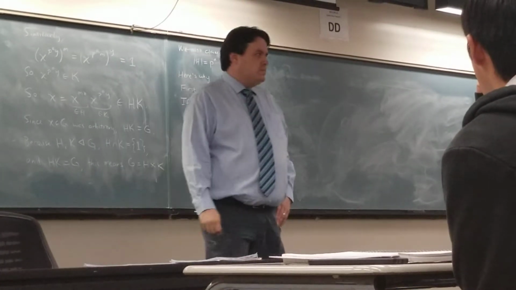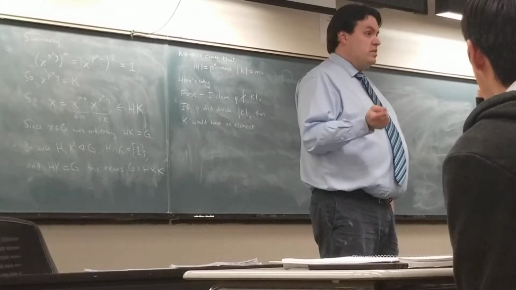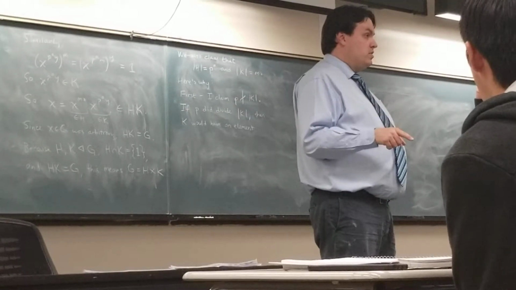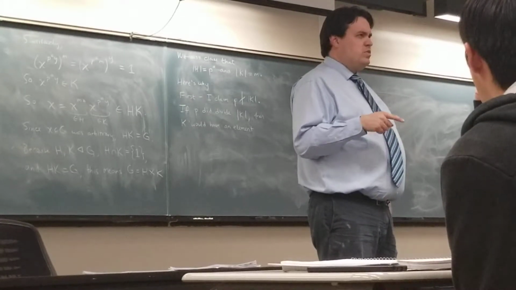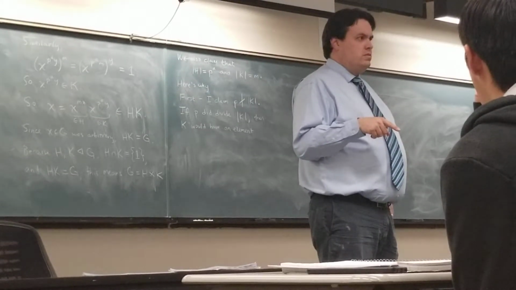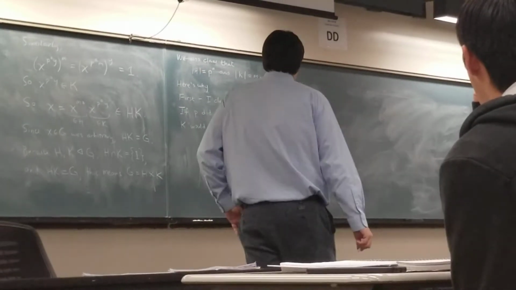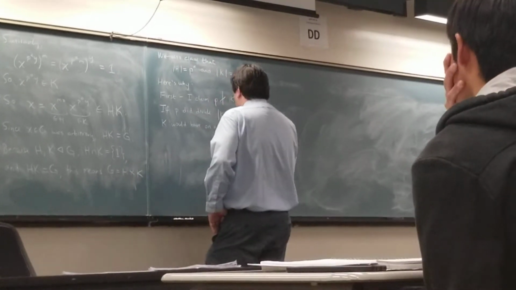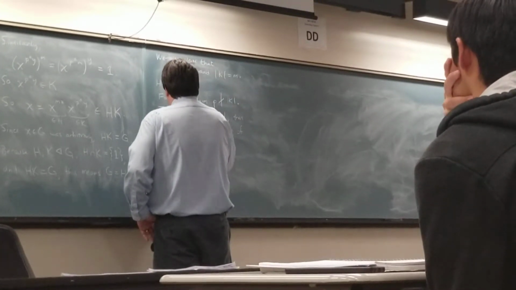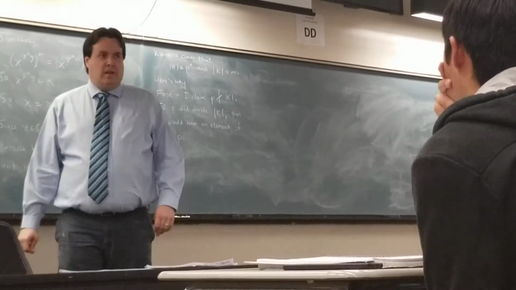One of the theorems said, for abelian groups, if the order of an abelian group is divisible by a prime, there has to be an element of that prime order, right? In fact, I think, didn't we do that for all divisors, not just primes? We at least did it for primes, right? Okay. So if P did divide the order of K, then K would have to have an element of order P.